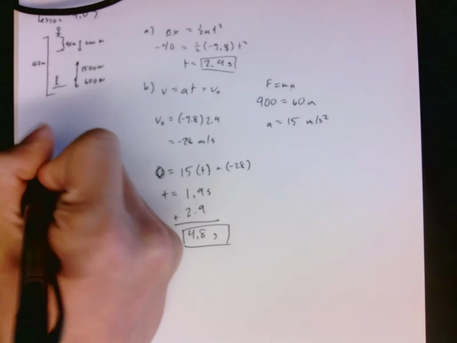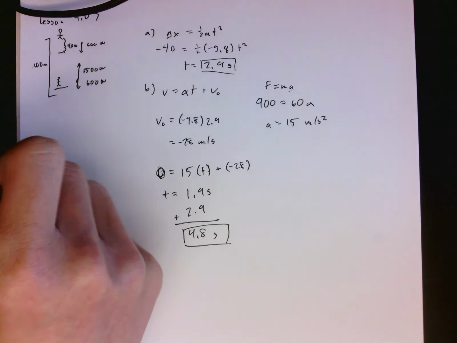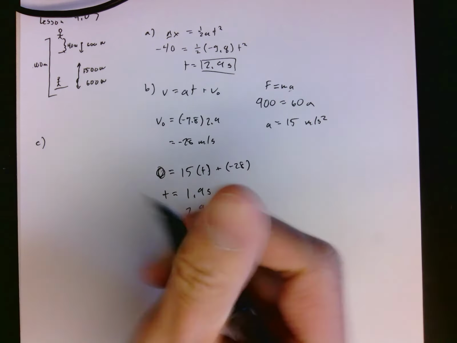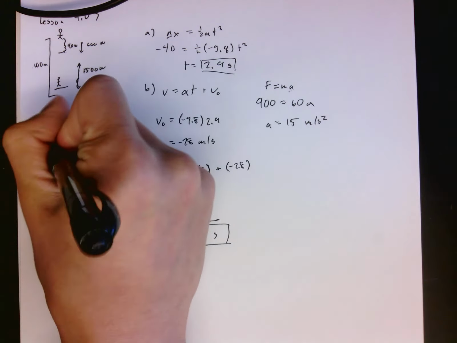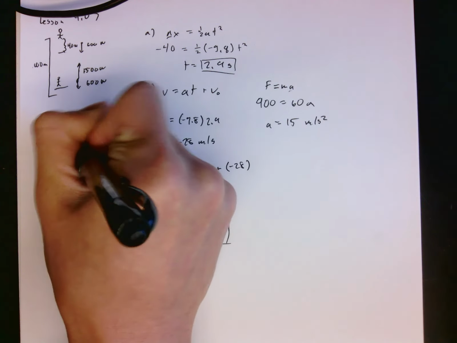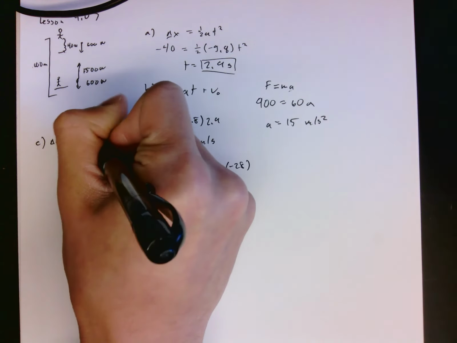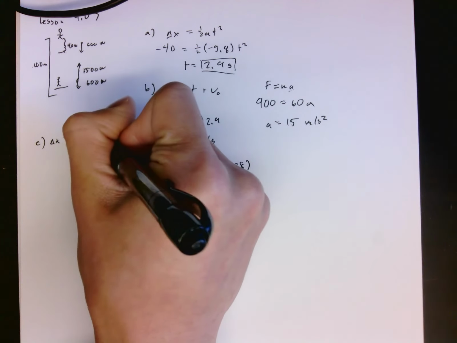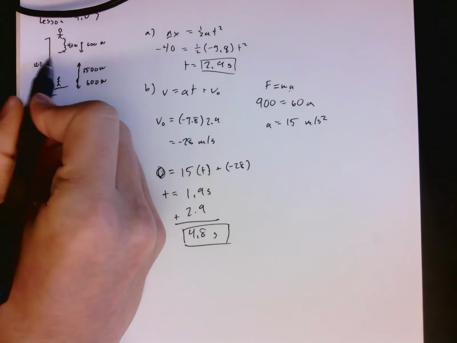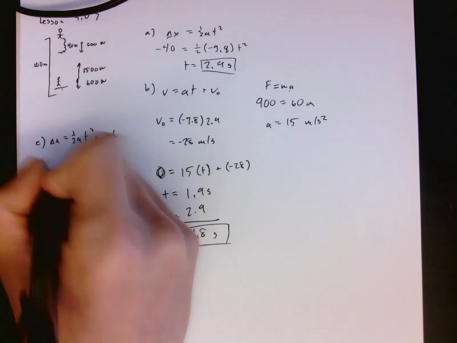So for part C, what will be the height above the ground when he reaches the bottom of the drop? So we can use the same equation we did for part 1. Displacement x equals 1/2 acceleration t squared plus, this time we actually need to use the initial velocity because we're going to be finding how far he drops from here to the bottom of the drop.